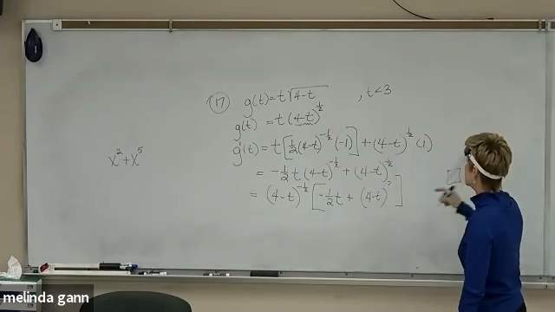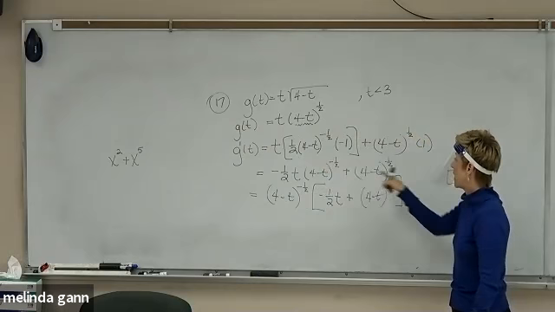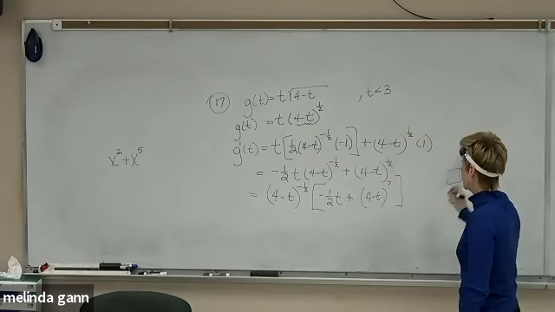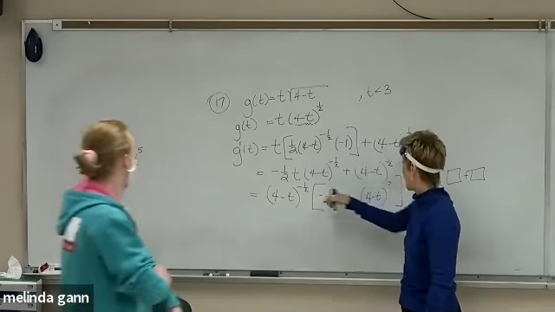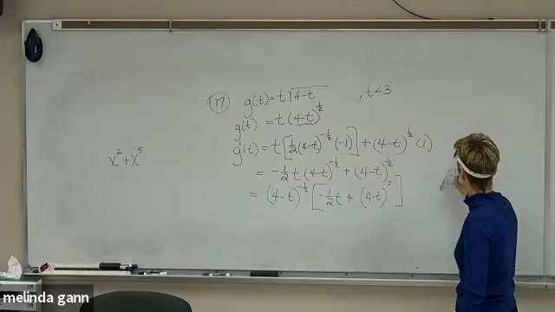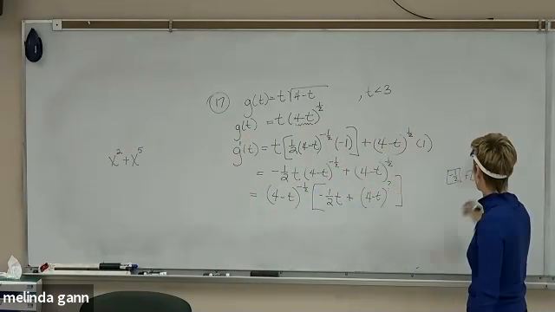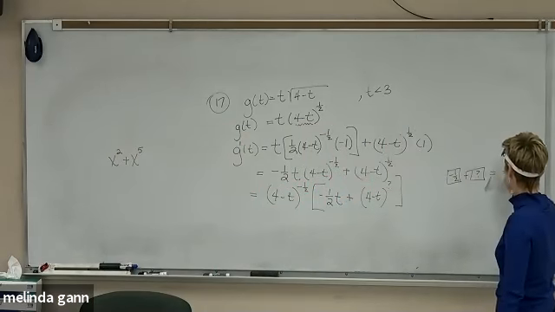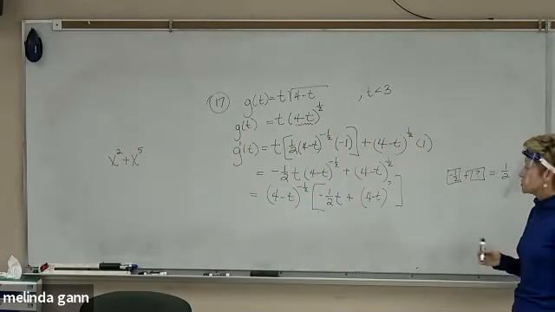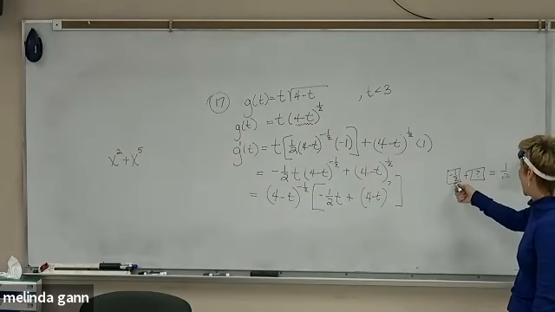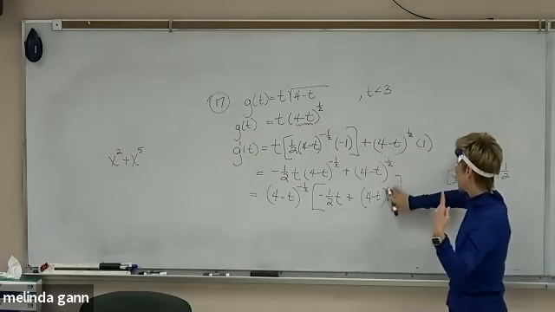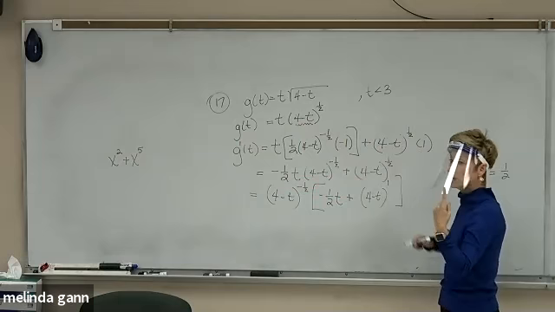What do you do with the powers when you're multiplying? You add them. So do we understand that -1/2 plus this question mark has to equal a +1/2? So what do I add to a -1/2 to get a +1/2? 1. So that's how I know that power is a 1.